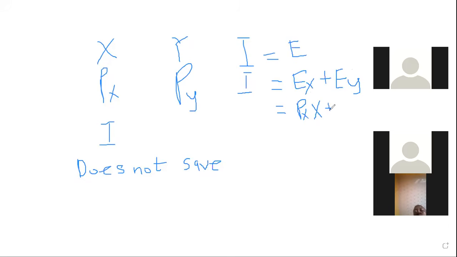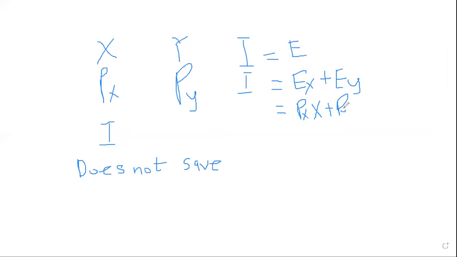And the expenditure on commodity Y will be equal to the price of Y times the quantity of Y that you purchase. So your income should be equal to that.